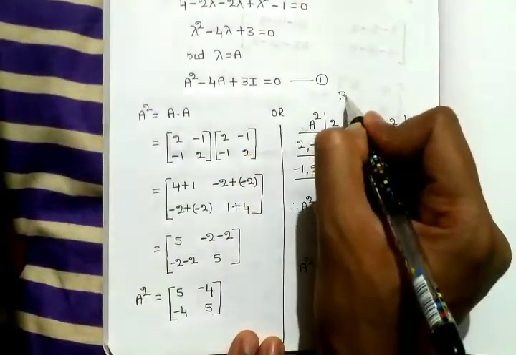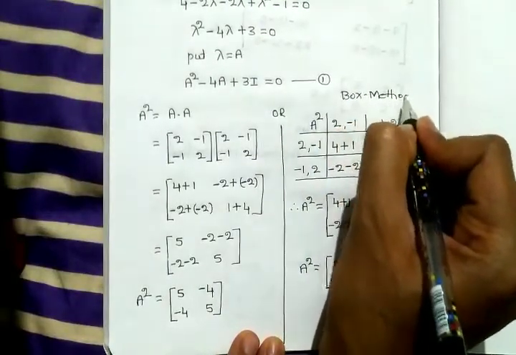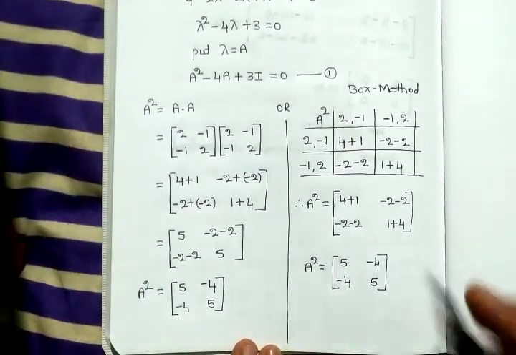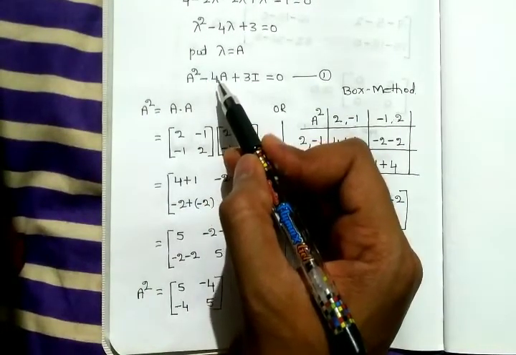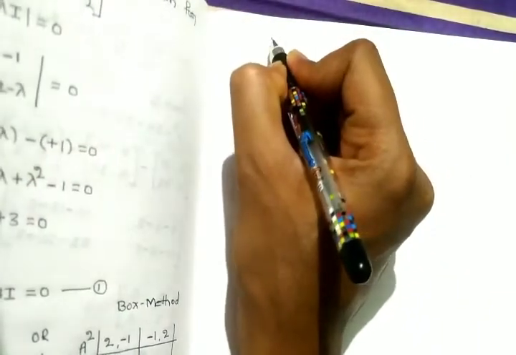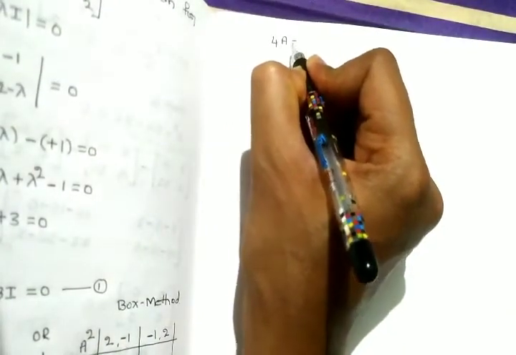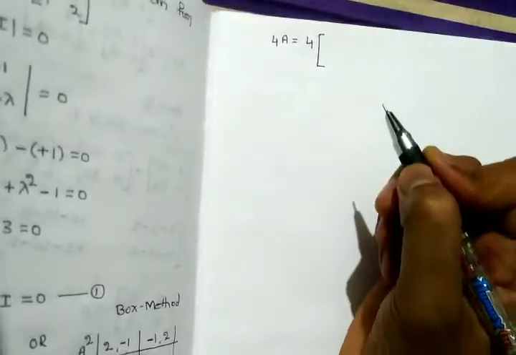So this is the box method. You got the A square value. Next, don't consider the negative sign, only find out 4A. 4A equals 4 as it is into the A value.